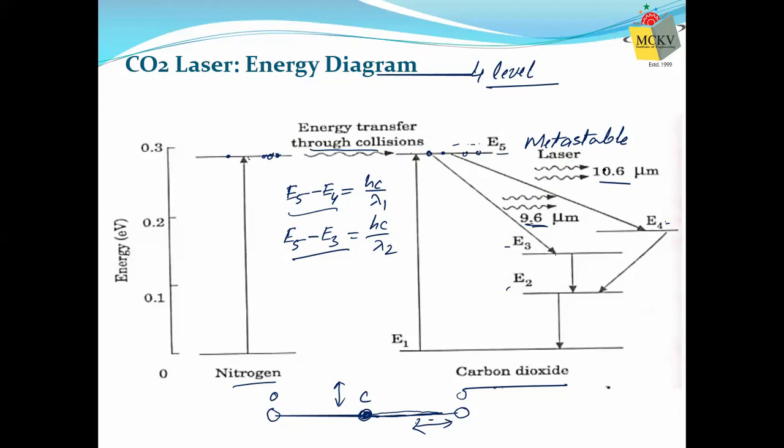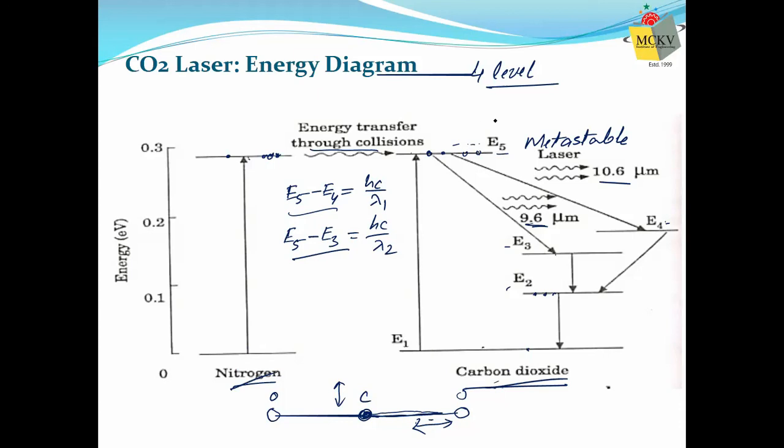Now, one thing I forgot to mention: helium. Why have you used helium? Nitrogen, you understand. Nitrogen you use. Carbon dioxide is used. Why helium? Now, when some atoms are at E2, you want all those atoms to come down to E1 as quickly as possible, because you want to excite those atoms from E1 to E5.